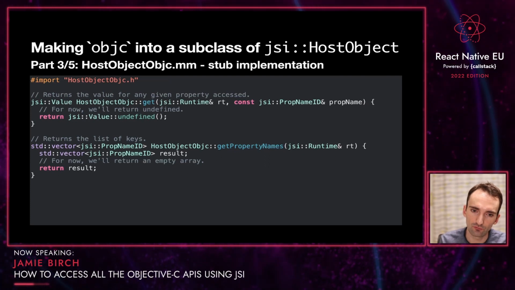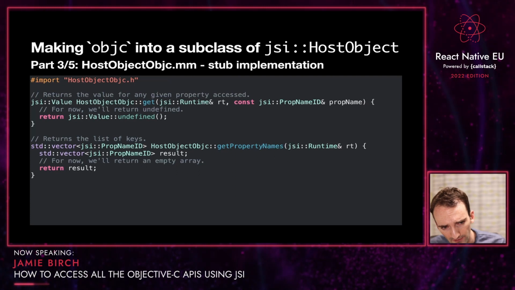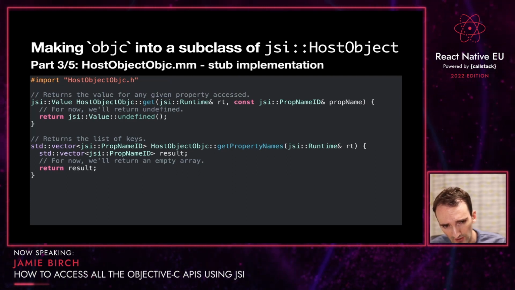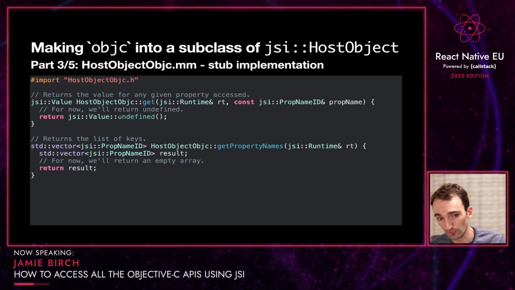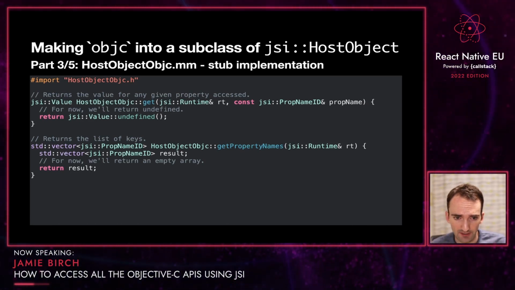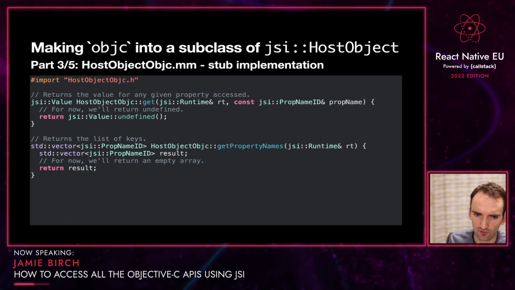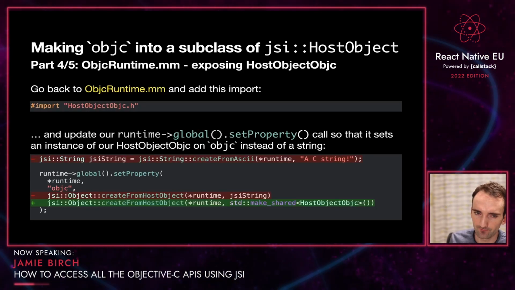But for now, we'll return an empty array. This will look a bit alien as well. A std::vector is, in my head, a mutable array, and it's a mutable array of prop names. So we're just going to return that while it's empty.